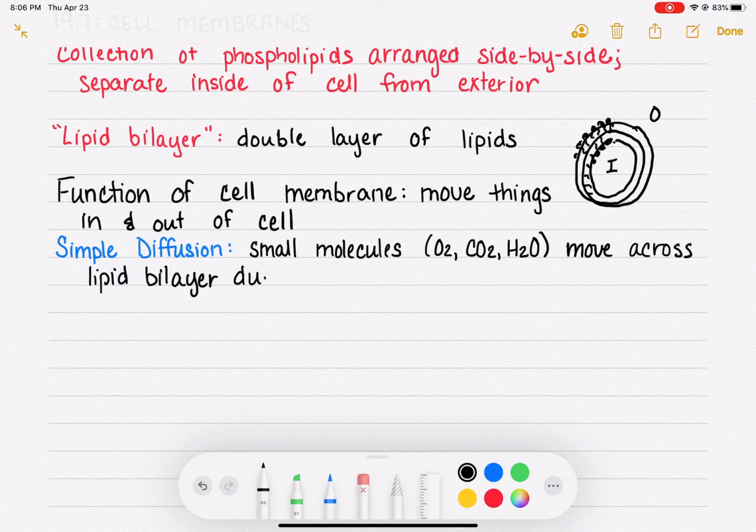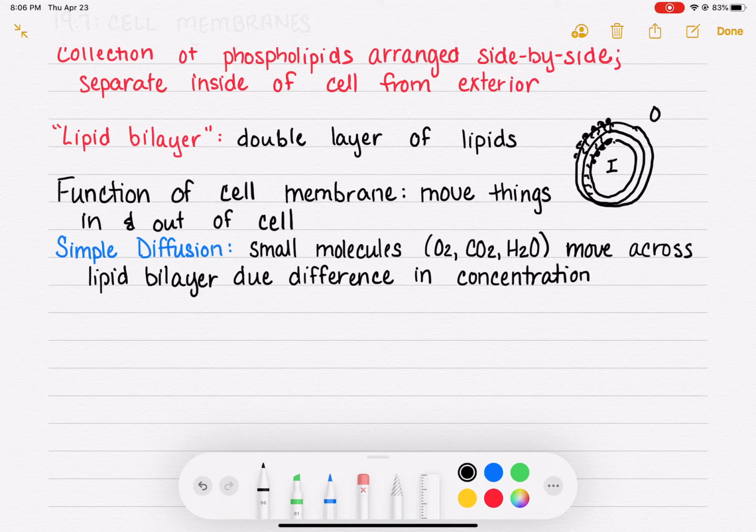And they're moving due to a difference in concentration, meaning that we are getting a buildup of, let's say, oxygen, O2. We're getting a buildup of oxygen on one side of the cell. The concentration of oxygen is greater, let's say, on the outside than on the inside.